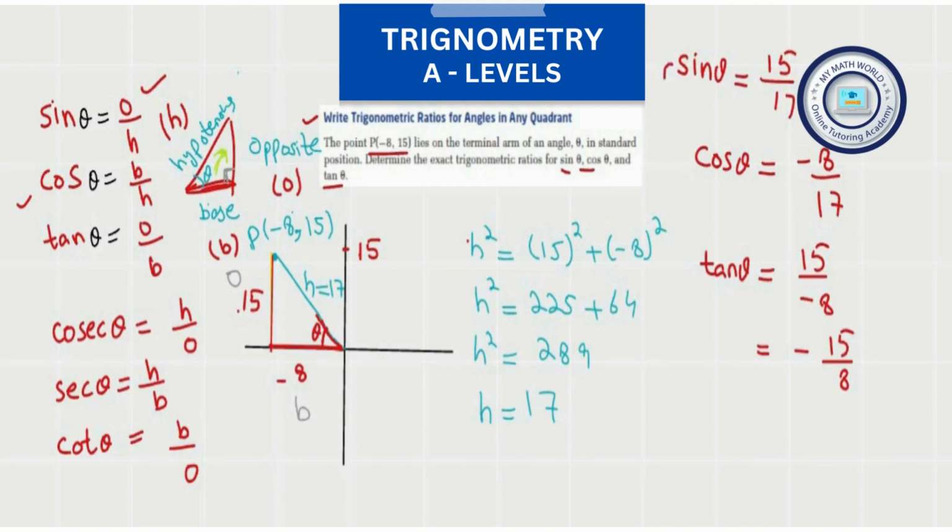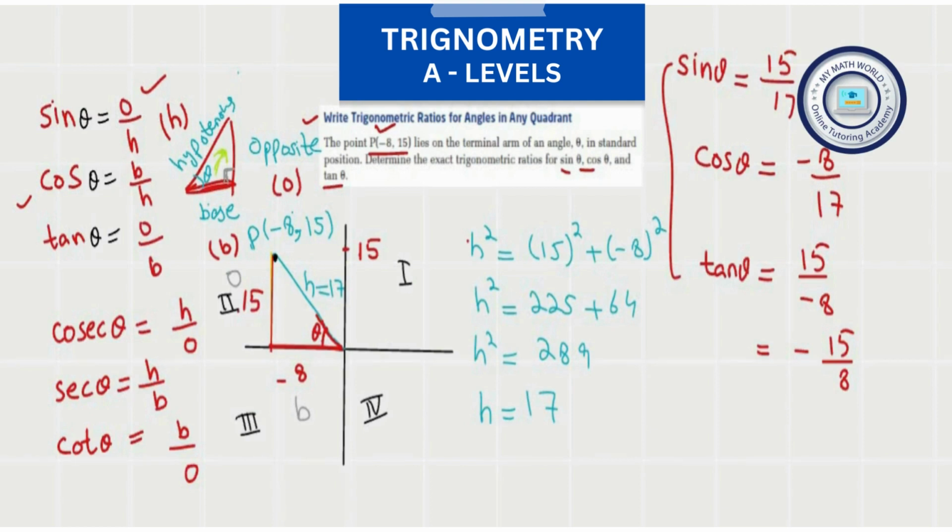So these are the three ratios that were supposed to be obtained by the use of this triangle, and this triangle was obtained by the use of this point, and this point was in the second quadrant. For example, if we show the quadrants, this is the first quadrant, this is the second quadrant, third quadrant and fourth quadrant, and that point was in the second quadrant because the x value was negative and the y value was positive.